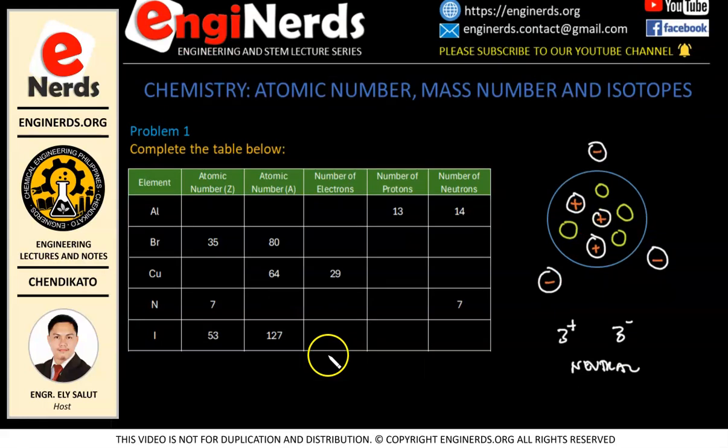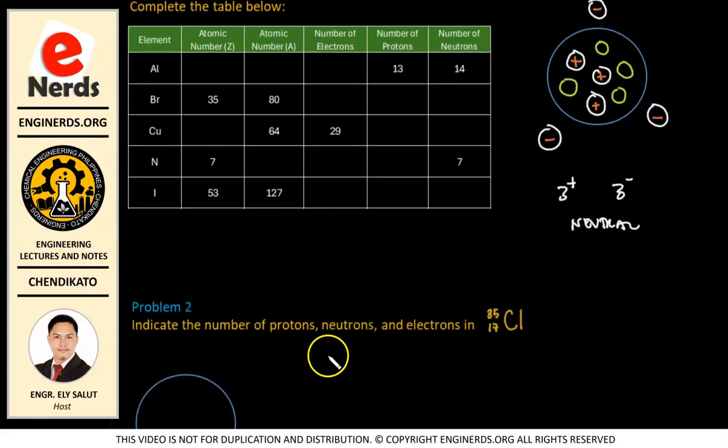So how do we write isotopes? Let's consider our element neon. If you look at the periodic table, you will find that the atomic number of neon is equal to 10. That means it has 10 protons inside its nucleus, because as we learned before, the atomic number is the number of protons inside the nucleus.